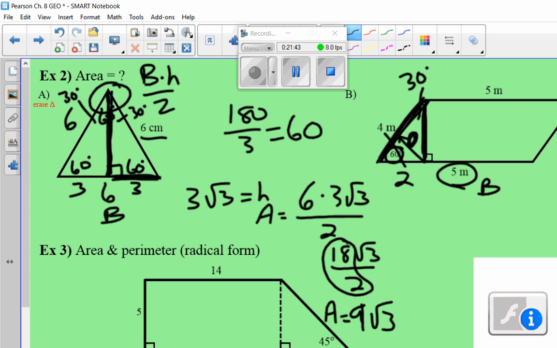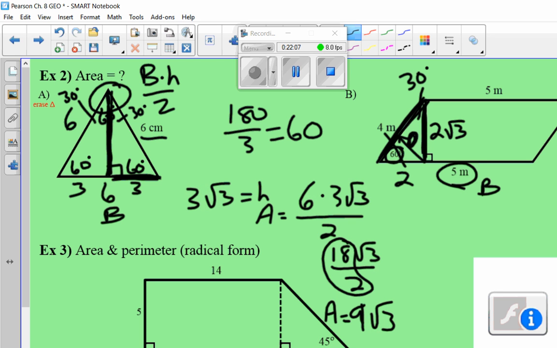So that's why I found the short leg, because I'm going to use it now to find the long leg. I can't go from hypotenuse to long leg or long leg to hypotenuse directly. Everything has to go through the short leg, okay? So I'm going to take the short leg and, going back to your ratios, multiply it by the square root of 3 to get the long leg.